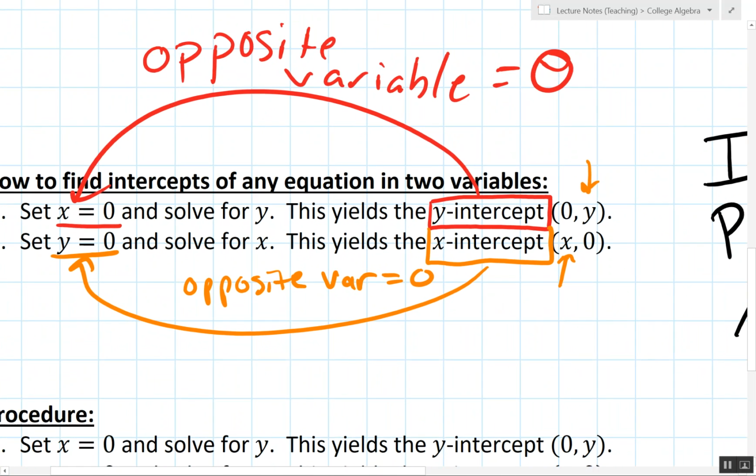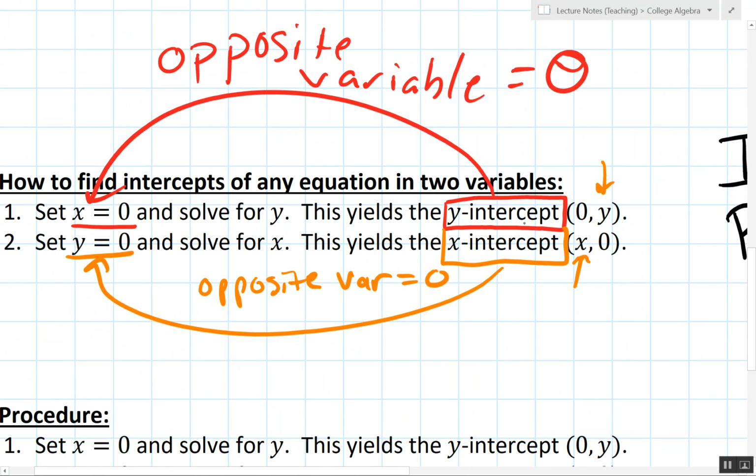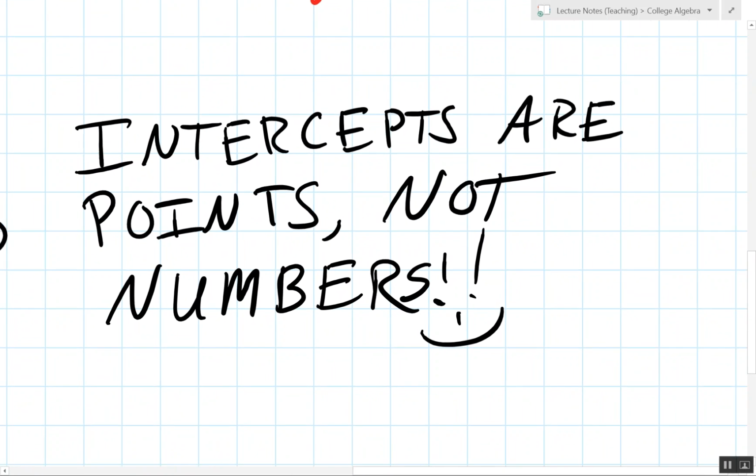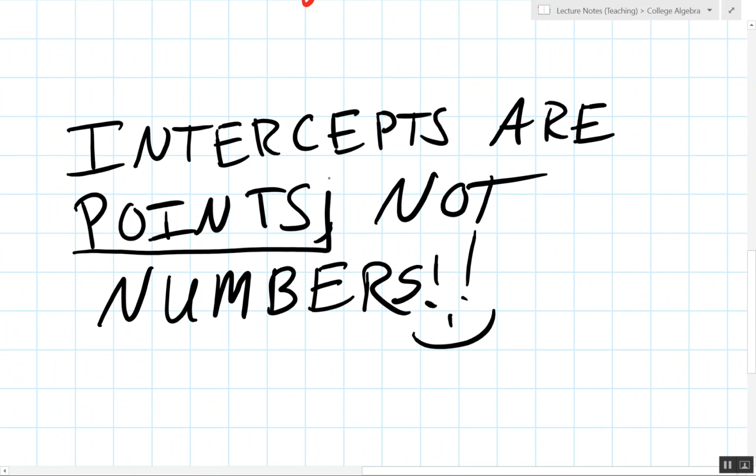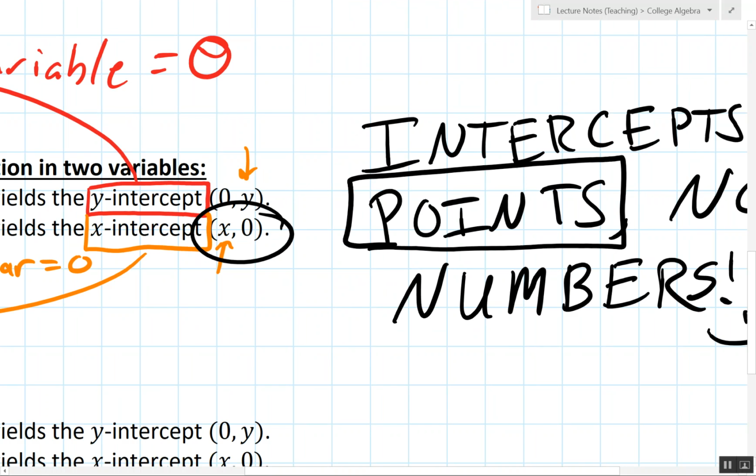For example, if we're trying to find a y-intercept, they'll set x equal to 0, solve for y equals something, and say that y equals something is the intercept. No. This is the intercept if it's the y-intercept, or this is the intercept if it's the x-intercept. So when you give me an intercept, give me a point. I will mark off if you don't give me a point. Alright, now I'm done harping about that.